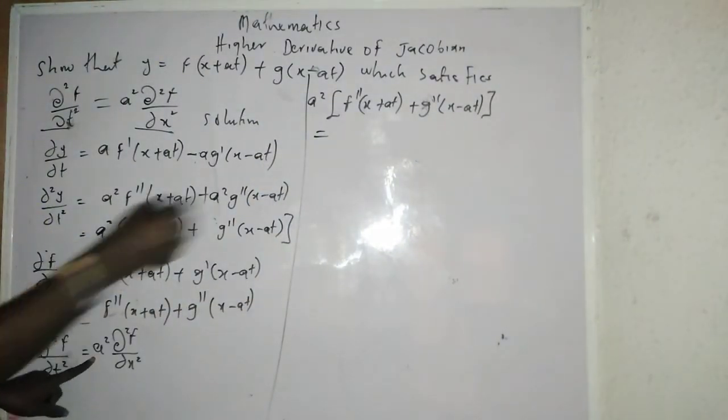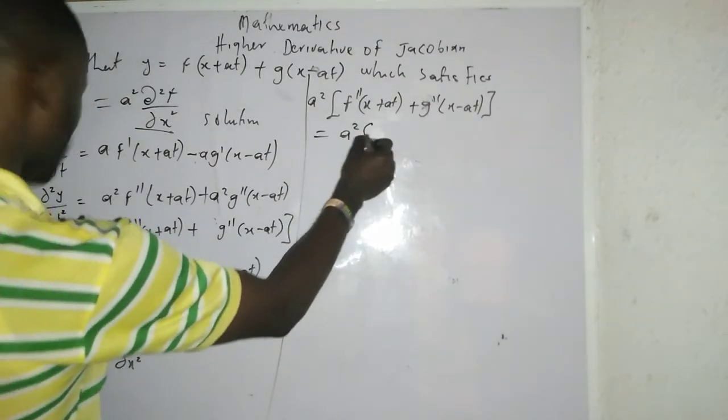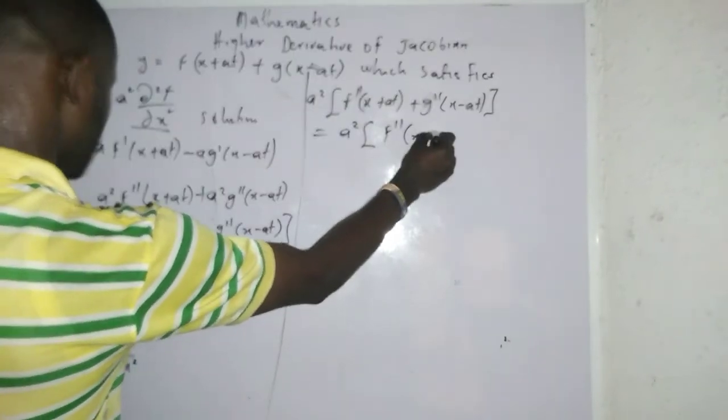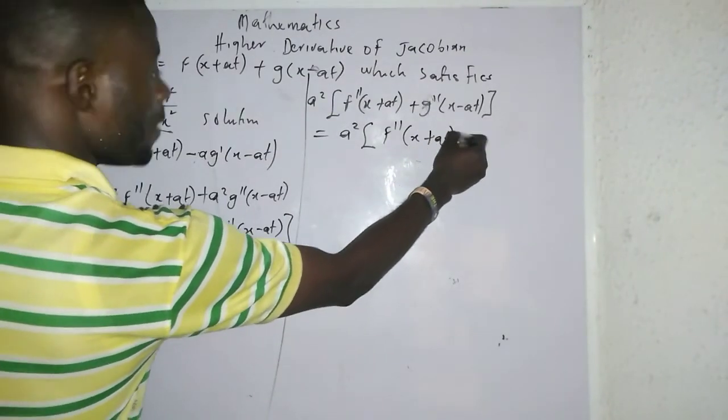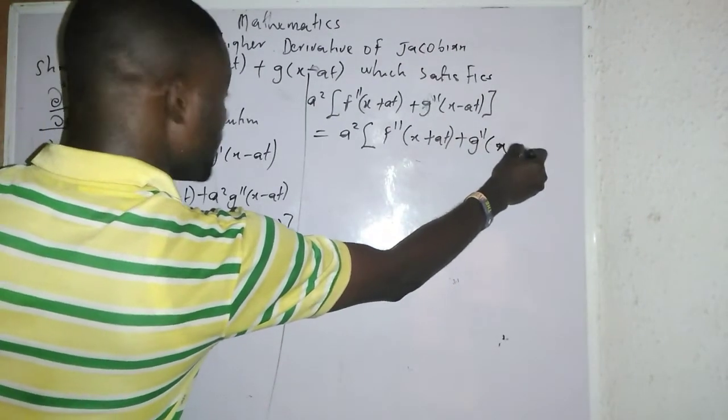I have my a, which is this my a. Now bring your what? I have bracket of what? F prime of s plus at plus g prime prime of x minus at.